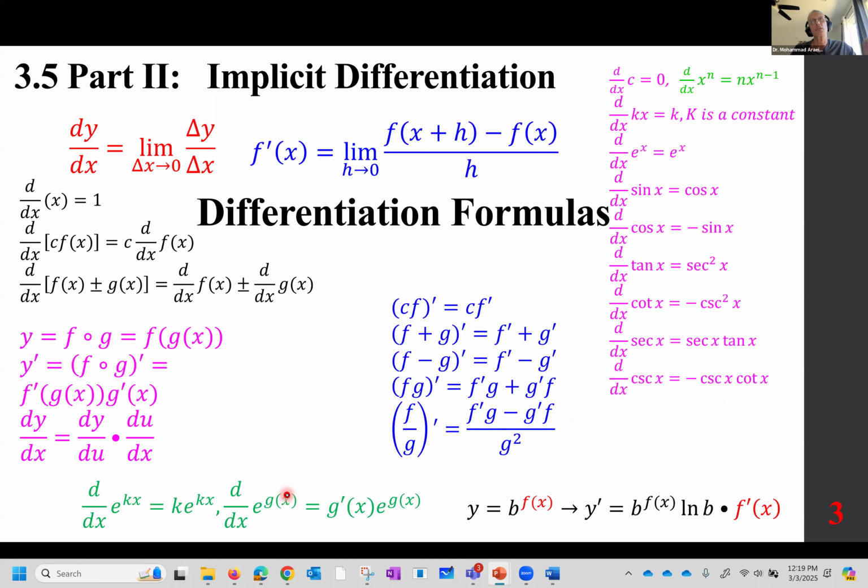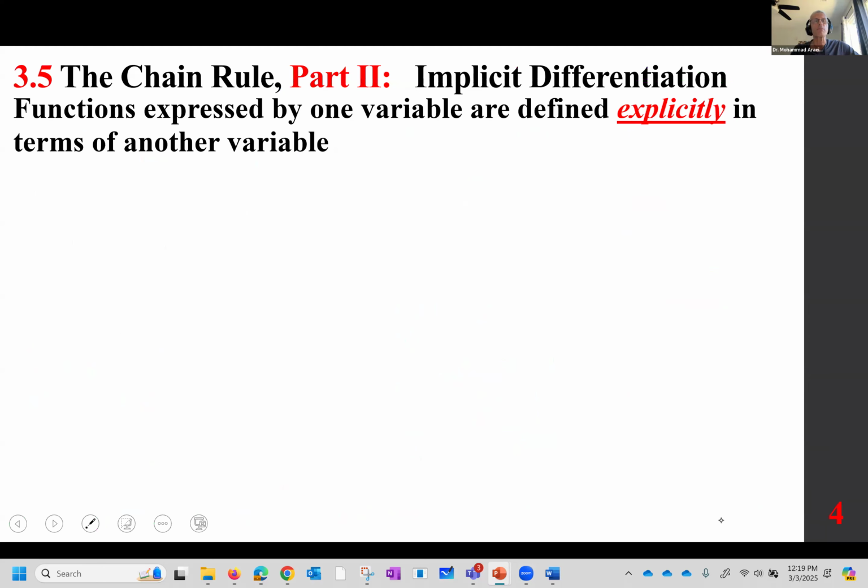In all cases, the derivative is itself. In this case, you multiply by g prime. If the base is b, you also multiply by ln b, the natural log of the base.